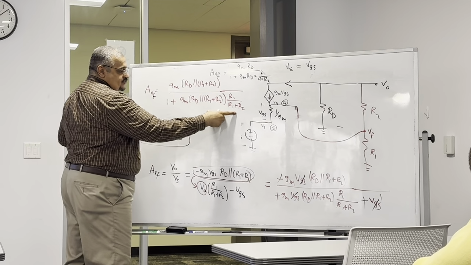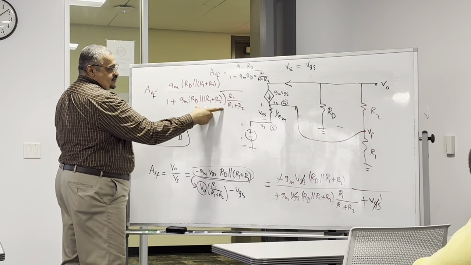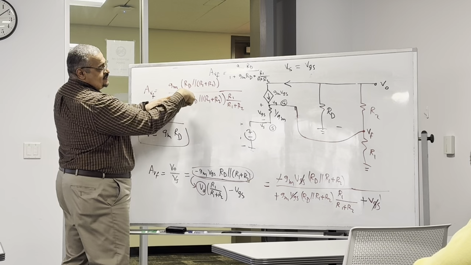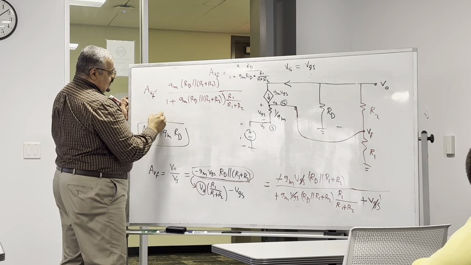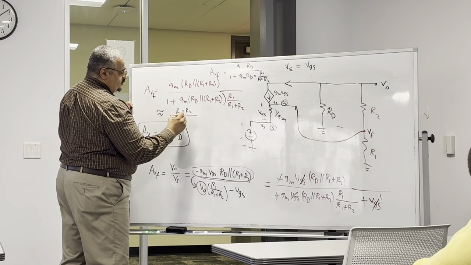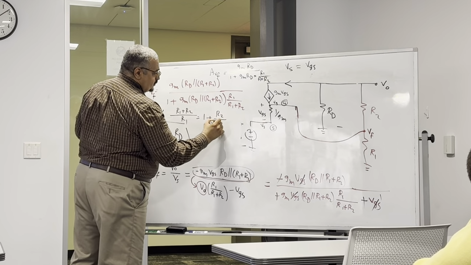If this is very large, we can cancel the 1 with respect to this one, and this roughly becomes R1 plus R2 divided by R1, or 1 plus R2 over R1.